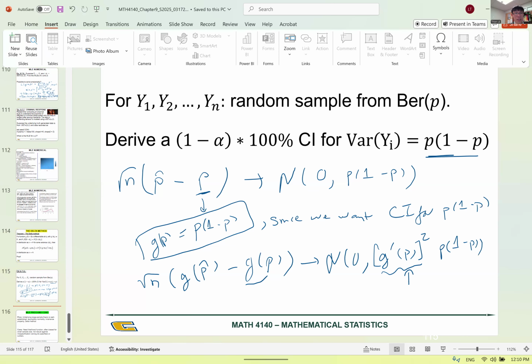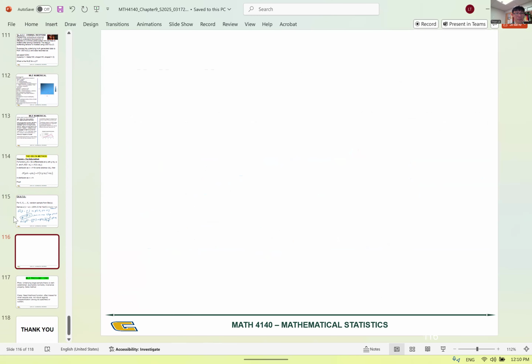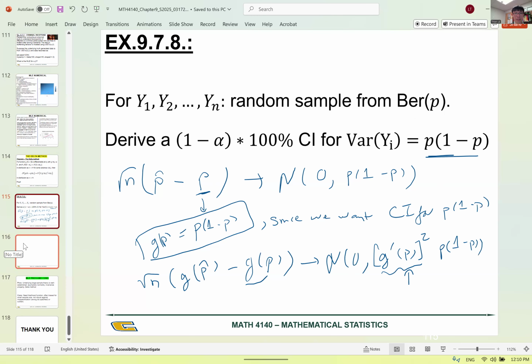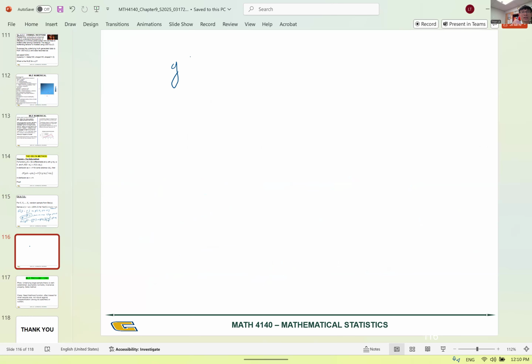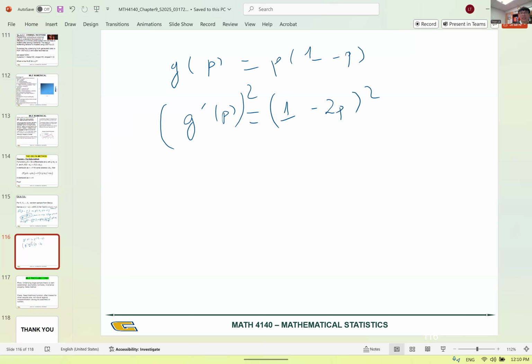In the g prime of P here, our g(P) is P minus P squared, so g prime of P will be 1 subtract 2P.